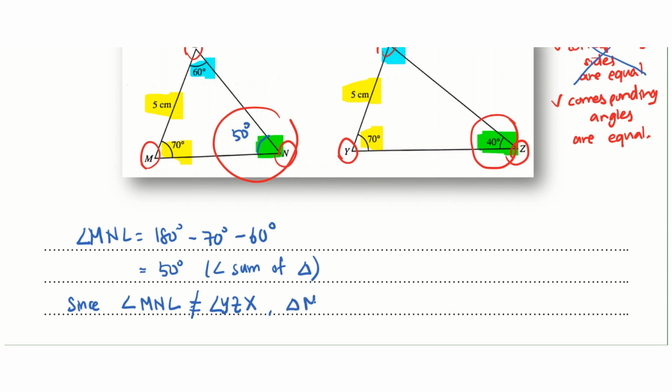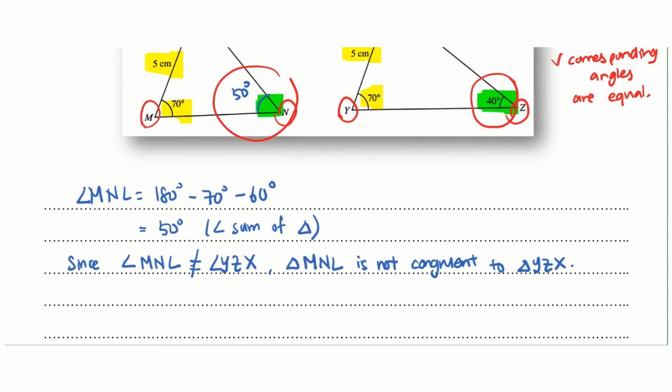Triangle MNL is not congruent to triangle YZX. This is how we go about saying that these two triangles are not congruent.